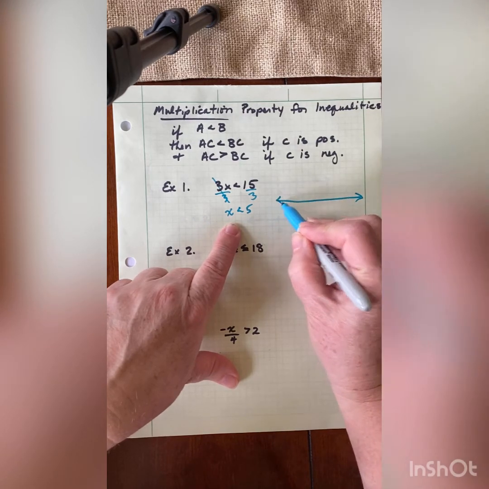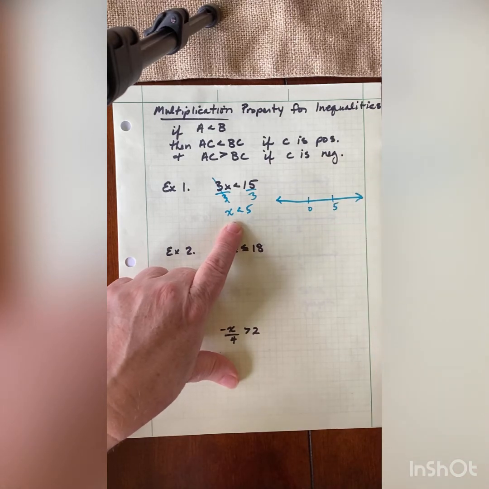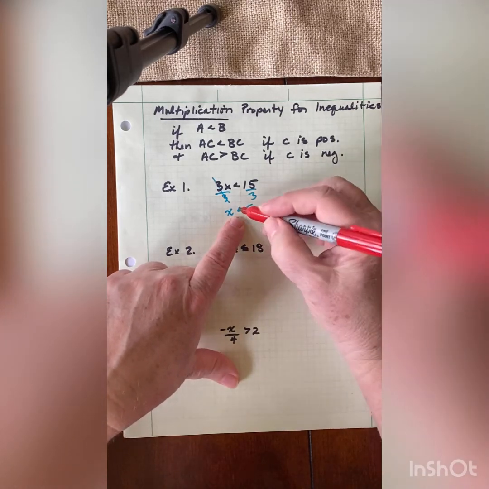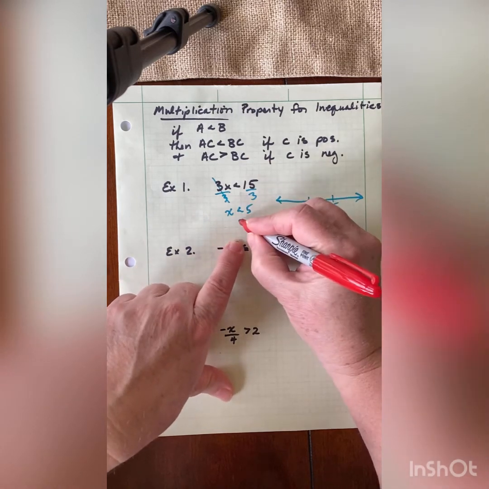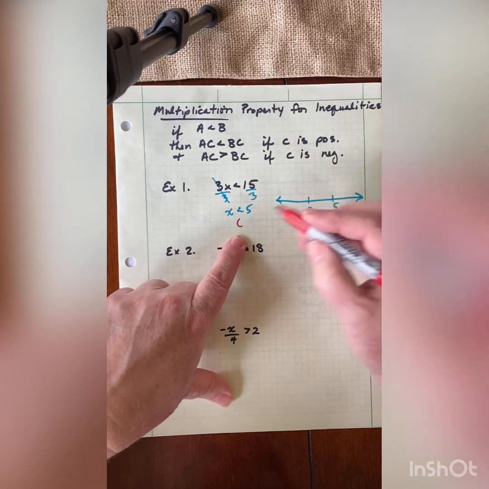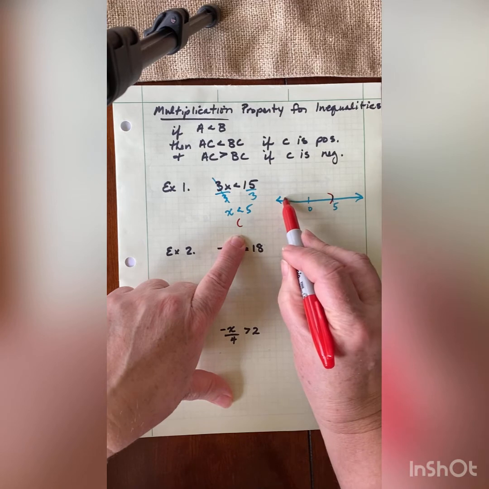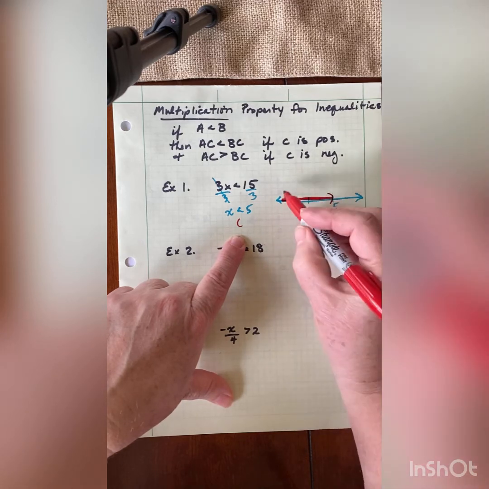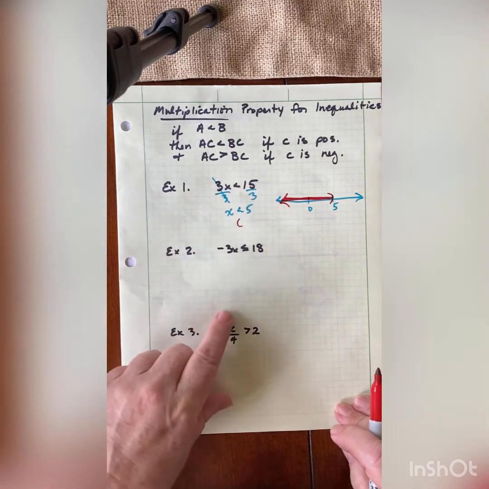Here is 0, here's 5. Now remember, when you use this sign right here, that'll be a parenthesis happening at 5. This points the way it's going if you got x over there. So any number less than 5 will give me a true statement if I put it in here.